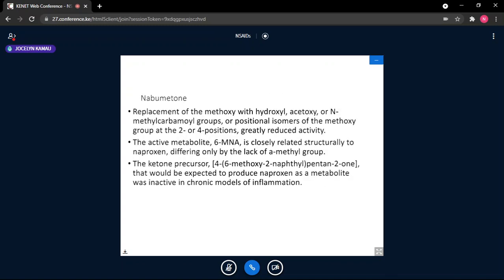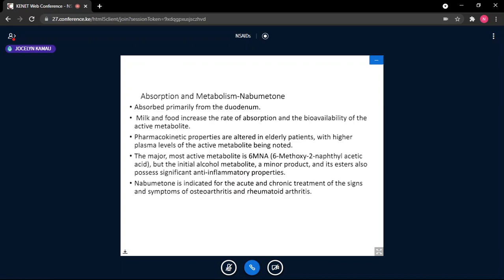That is emphasizing the earlier point we did mention, that if you put either a methyl group or an alkyl group on that side chain, you destroy activity. So even this compound, thought to be the precursor of naproxen, when it was given, had no activity at all.